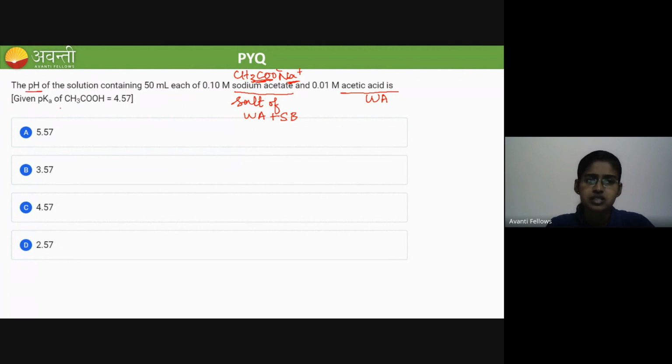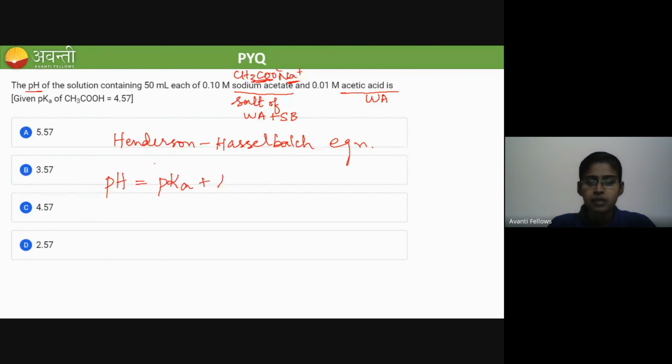So what we have to use? We have to use that Henderson-Hasselbalch equation which I was talking about. For this salt of weak acid, strong base and weak acid, the Henderson-Hasselbalch equation is pH is equal to pKa plus log of concentration of conjugate acid.